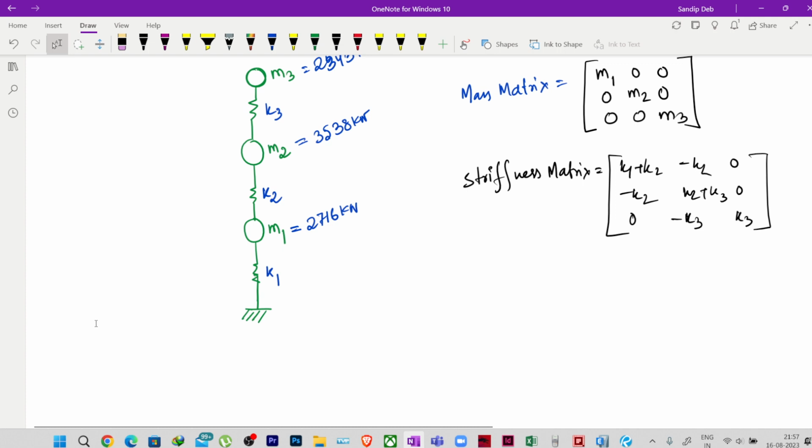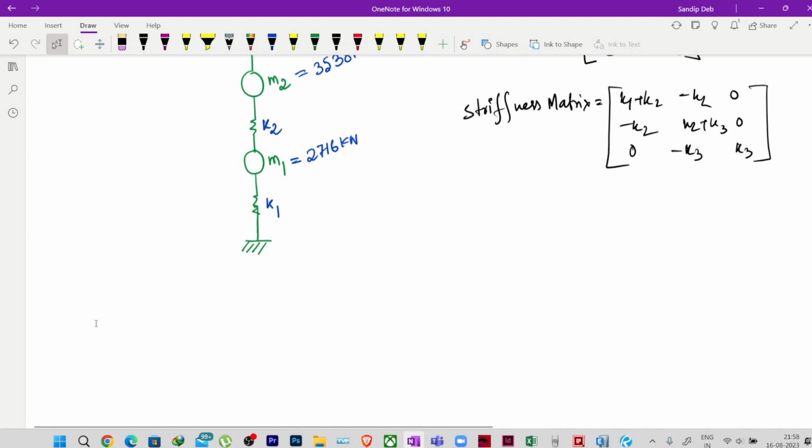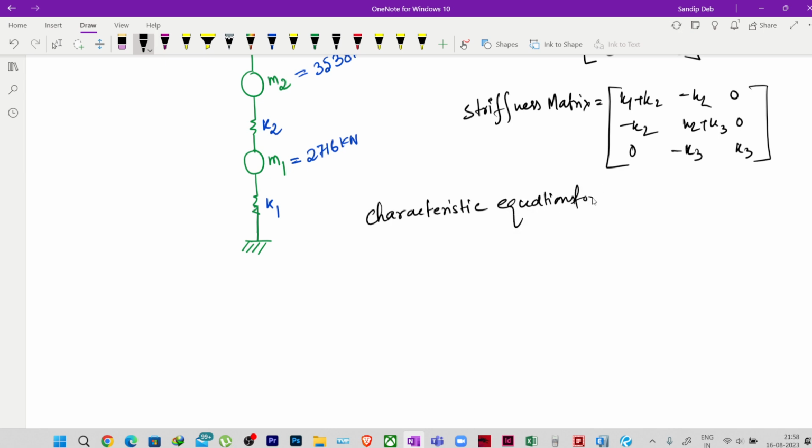Okay, and after solving the mode shape equation, the characteristic equation for mode shapes, that is (k minus omega square n multiplied by m) multiplied by phi n equal to 0.